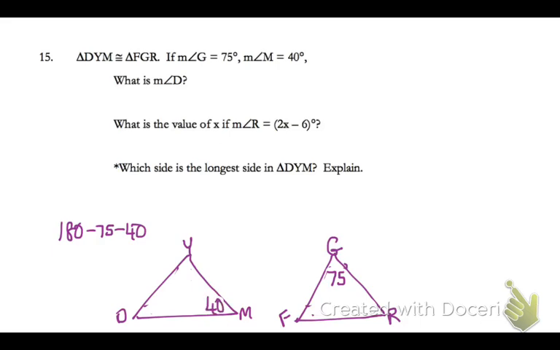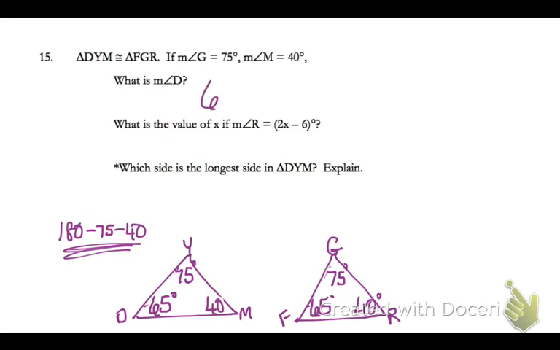Well, I know if G is 75, then Y must be 75 because those are corresponding angles and these are congruent triangles. If M is 40, then R must also be 40. Now that I have two angles, I'm going to solve for my missing angle, which is 65 degrees. So that would be D and F because they are corresponding.